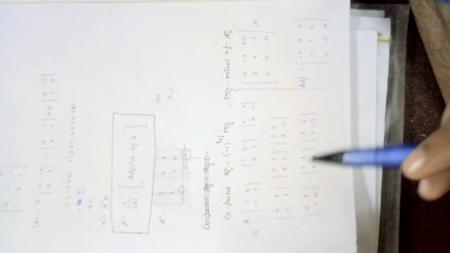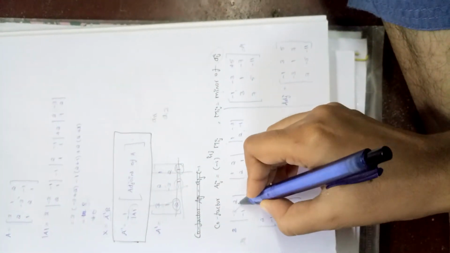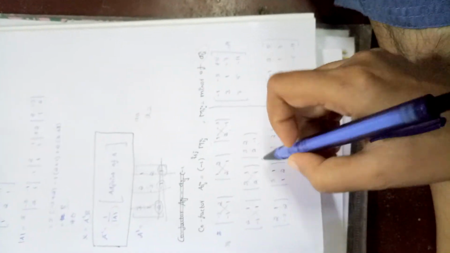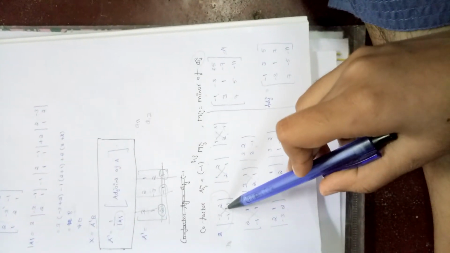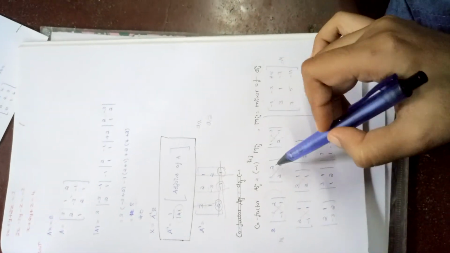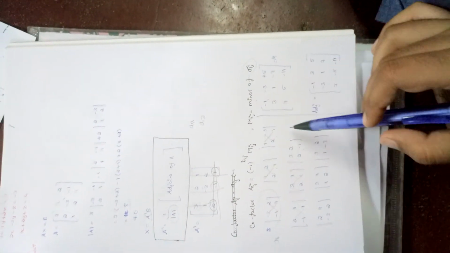Now to find the minors, we can calculate by cross multiplying. For the first term we get minus 3 plus 2, which is minus 1. For the second term, it is 1 minus 4, which is minus 3.